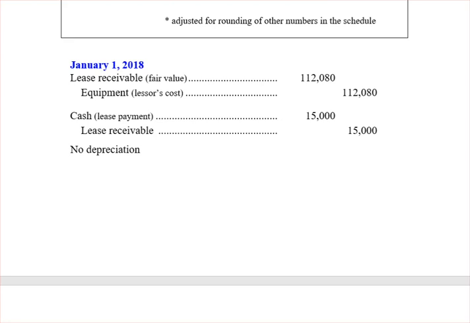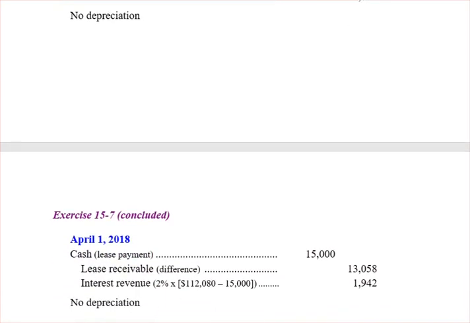However, in subsequent payments, you will have interest revenue because there'll be time between January 1st and the next period of time and when you're paid, which you should be receiving interest. So they calculate your interest revenue here as a difference between the outstanding balance. Well, the outstanding balance has been reduced by the $15,000 times the 2%.